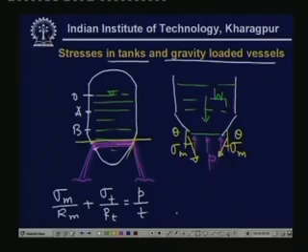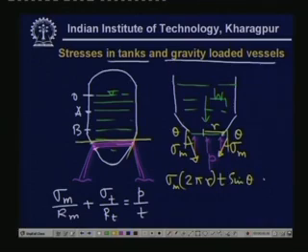If you balance the forces, then what you get is sigma m times the area of cross section, that is 2 pi r times t, and sin theta, plus W1 equal to P times pi r square. The radius here is r.